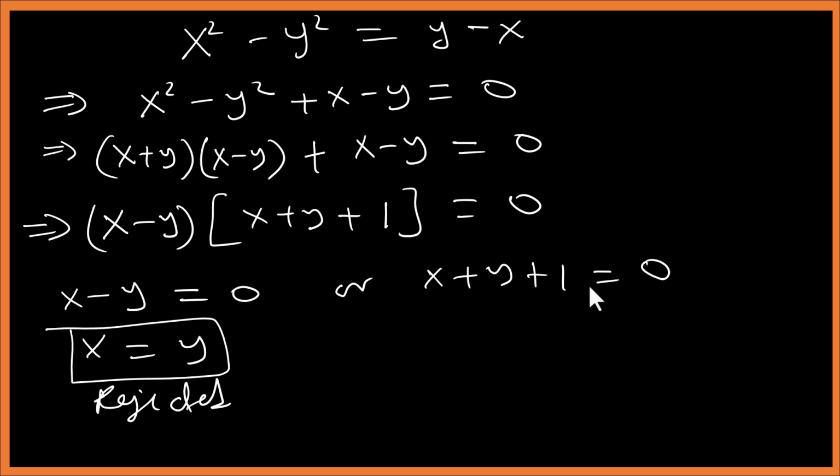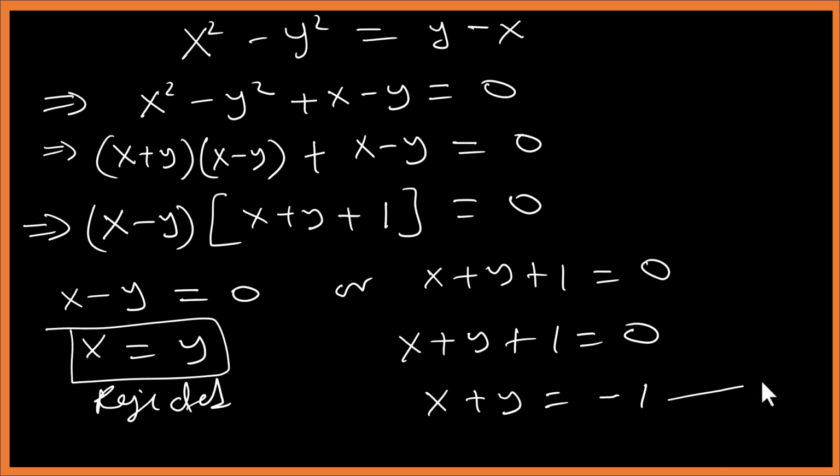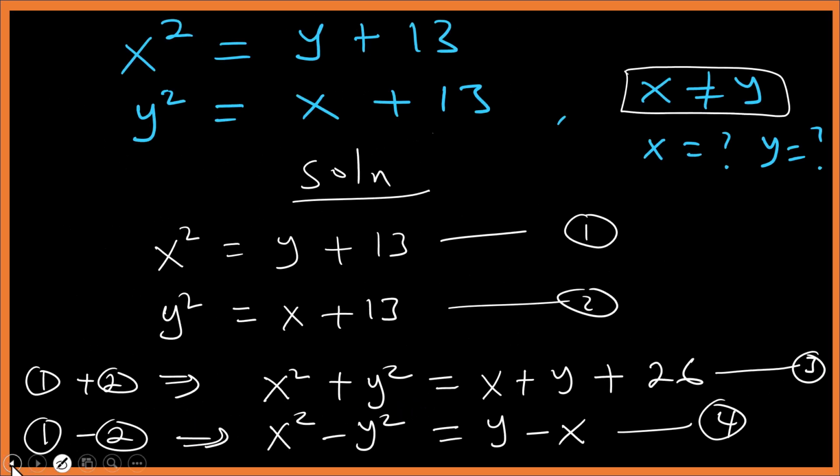Okay, so let's focus on this. x plus y plus 1 equal to 0. So we have x plus y equals minus 1. So let's name this one the fifth equation. Now let's build on equation 3. x squared plus y squared equals x plus y plus 26.